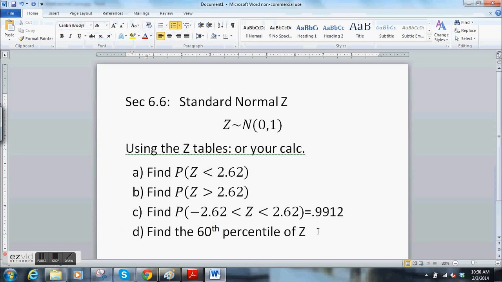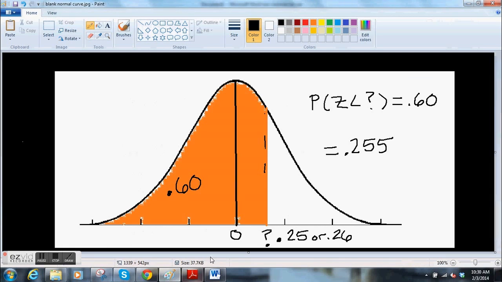So to answer the question, find the 60th percentile, 0.25 or 0.26. And again, what that's saying is that the probability that z is less than, we'll say 0.255 for you people that are worried about it being right in between, is equal to about 60%. So that's roughly the 60th percentile.